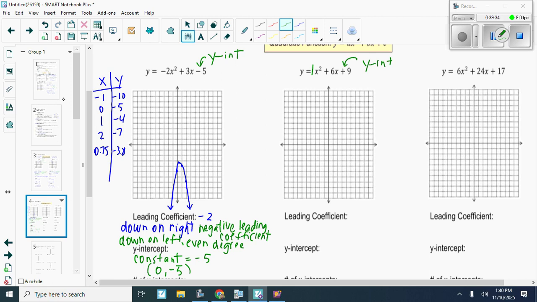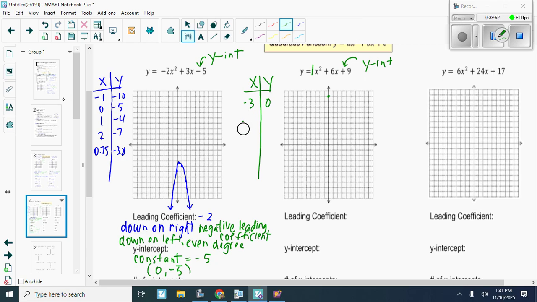So I can go here to my y-intercept. I'm going to pull up my table of values and put these in order.